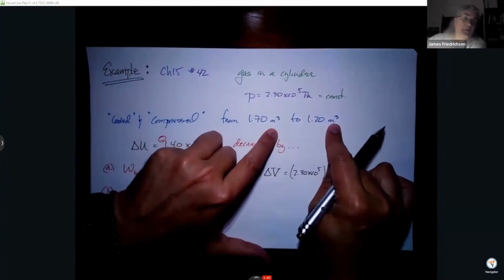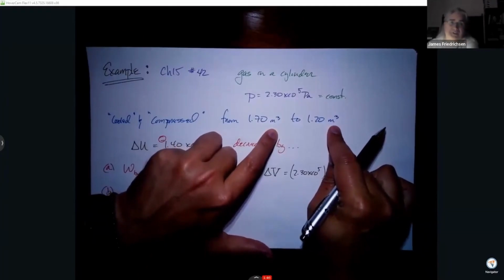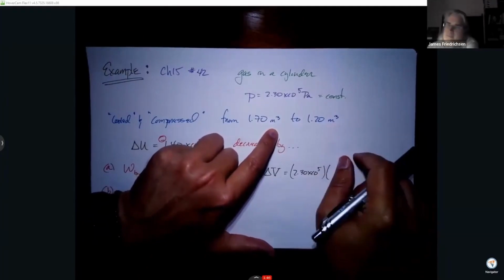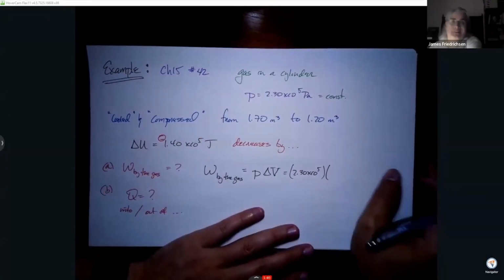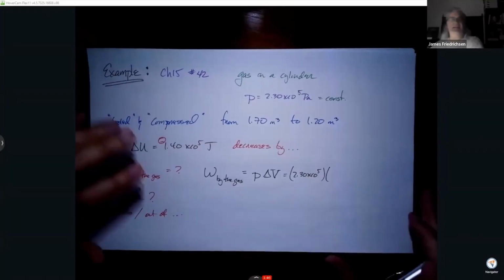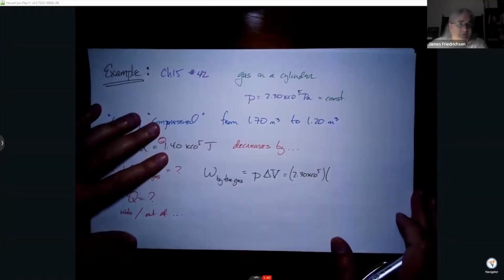Notice it's in SI units, so that was very polite of them. Half the time they're going to be in wrong units, and we'll need to convert them into cubic meters. I would expect that there's going to be lots of liters, so we have to be kind of careful.